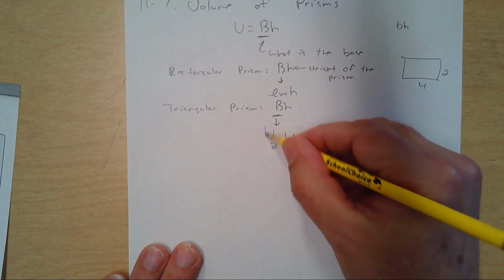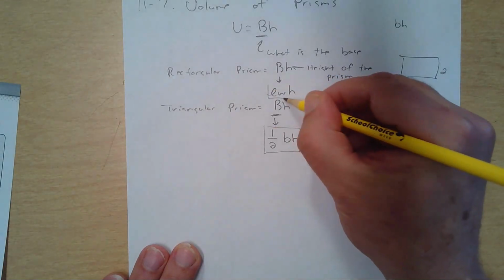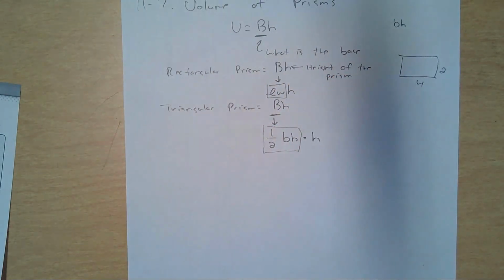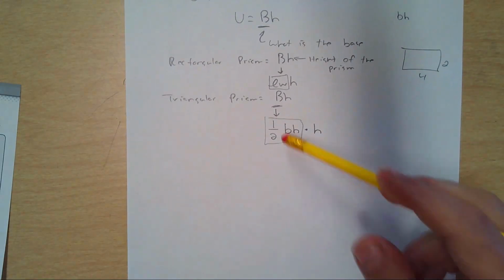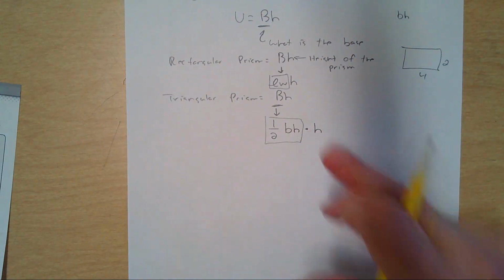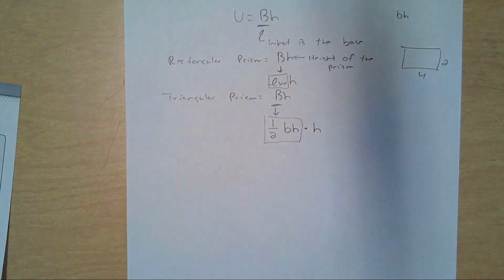So the base is just whatever the base is composed of. A rectangle, length times width. A triangle, 1/2 base times height. And then this height here is the height of the prism itself. And these are really our two formulas.